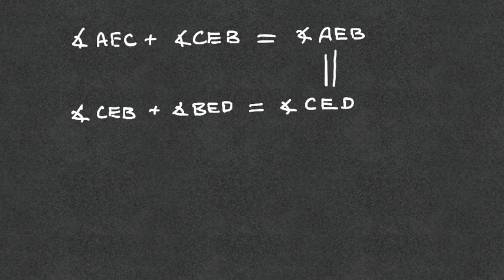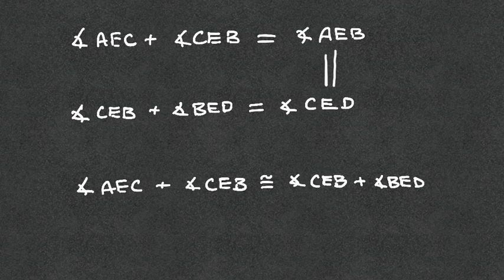Well, that means that the left-hand sides will also be congruent. And so angle AEC plus angle CEB will be congruent to angle CEB plus angle BED, and that is our common notion number 1.